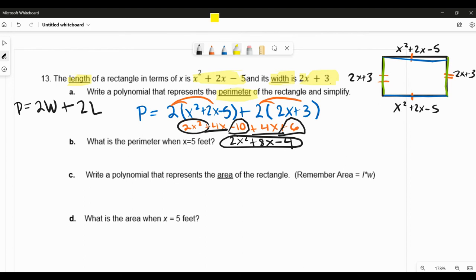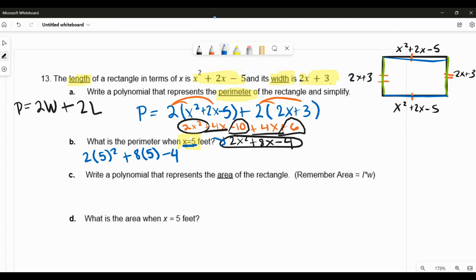Now let's take a look at the second part. What is the perimeter when x is equal to 5? Well, now that I have an equation to represent the perimeter, all I need to do is plug in everywhere that I see an x over here. I'm going to replace it with 5. So 2 times 5 squared plus 8 times 5 minus 4.